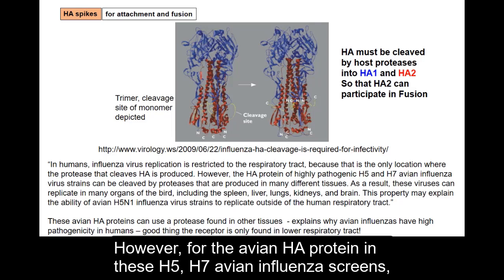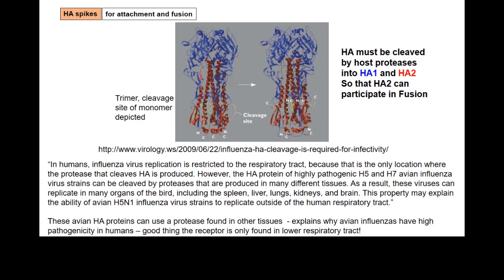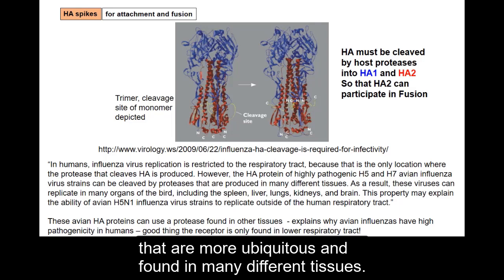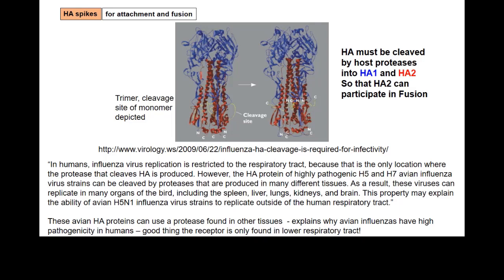However, for the avian HA protein in these H5 and H7 avian influenza strains, that HA is shown to have a cleavage site that can be cleaved by proteases that are more ubiquitous and found in many different tissues.